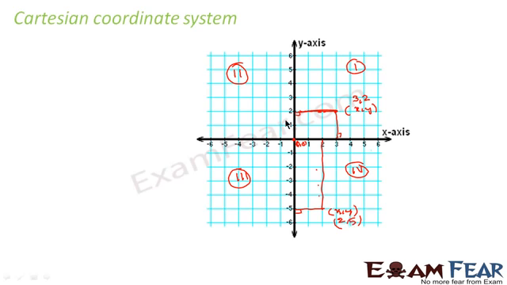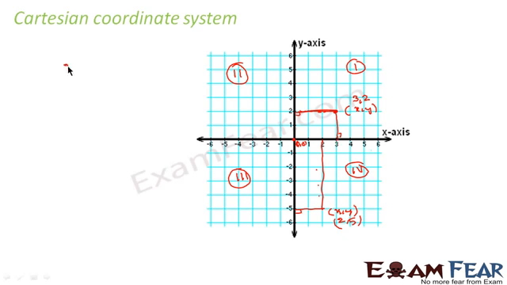So the shortcut is, instead of spending time finding the perpendicular distance, we do this. If this is the point 3, 2, instead of finding the distance, see, it's confusing here actually.